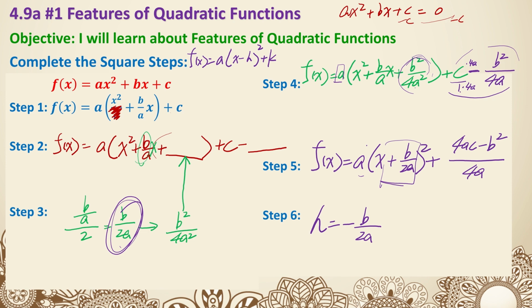So whatever is inside the parentheses, you always have to use the opposite. And then k, of course, is everything on the end, and that is 4ac minus b squared, all over 4a. Now let me remind you, our quadratic formula is negative b plus minus square root all over 2a. Well, there you go. The first part, negative b over 2a, is our h, which is basically the vertex.